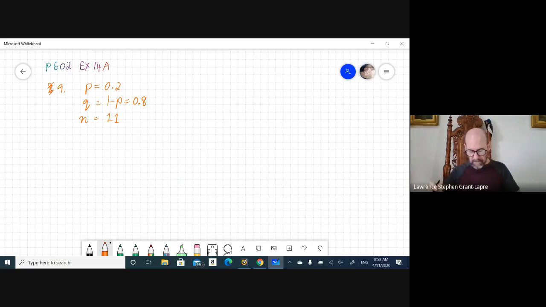Write down the general rule for the probability distribution of the number of left-handed people. Okay, the general rule, that's the probability that X equals some value, how many people we want.